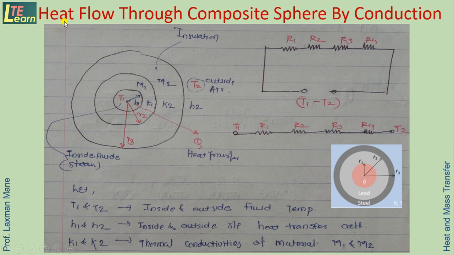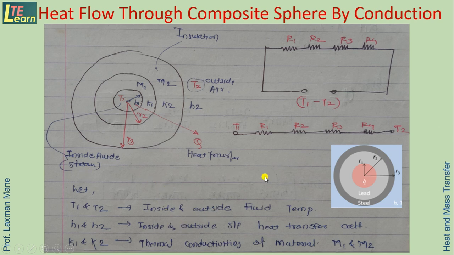Now consider the next case, that is heat flow through a composite sphere by conduction. Here also it is the same case, everything is the same as we discussed in the last case. Here also there are 2 materials of the sphere, M1 and M2, with their thermal conductivities, H1 the heat transfer coefficient inside the sphere, H2 the heat transfer coefficient outside the sphere, T1 the inside temperature and T2 the outside temperature.